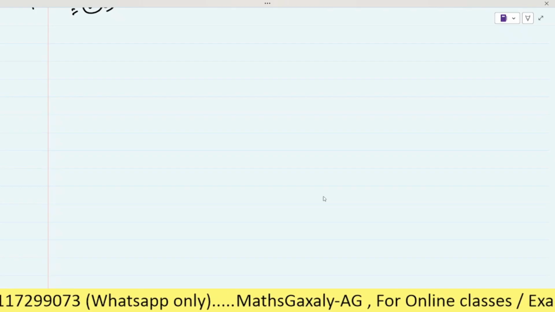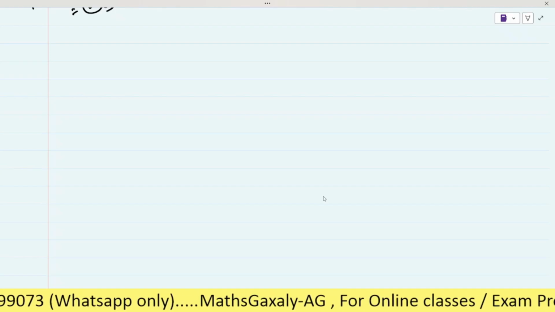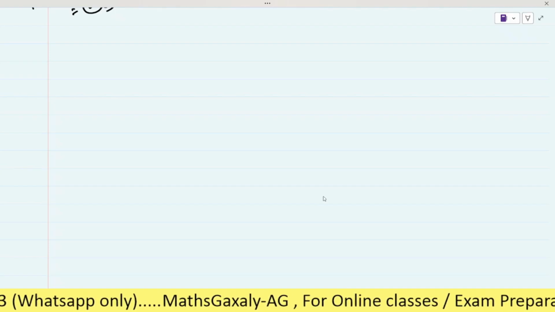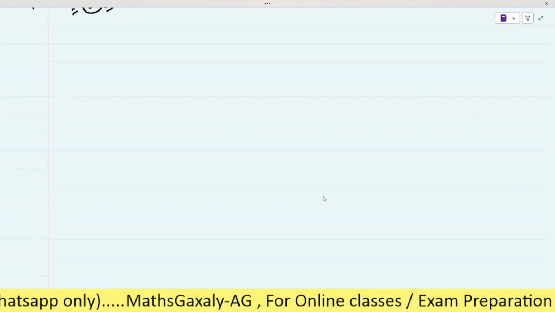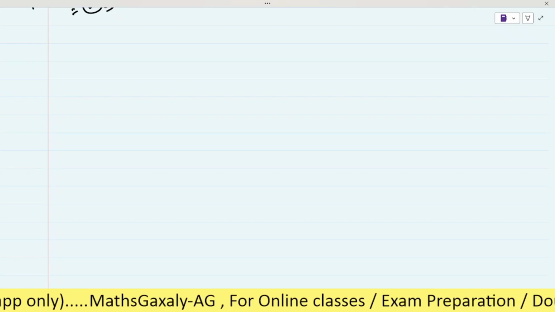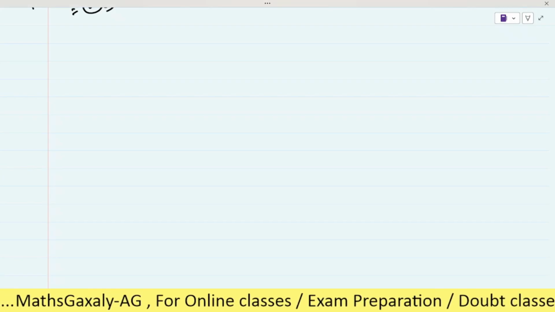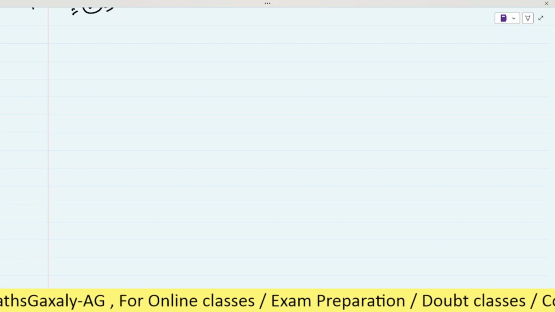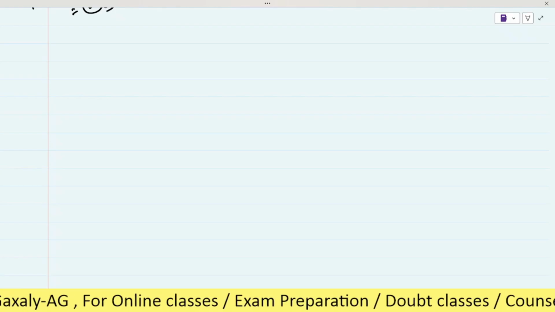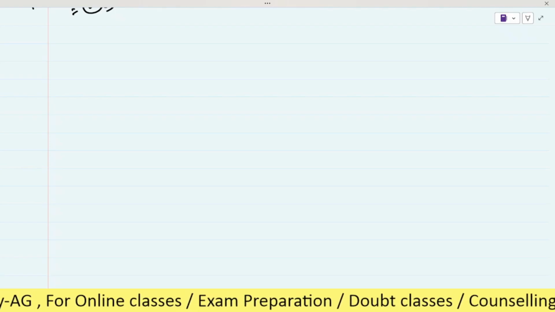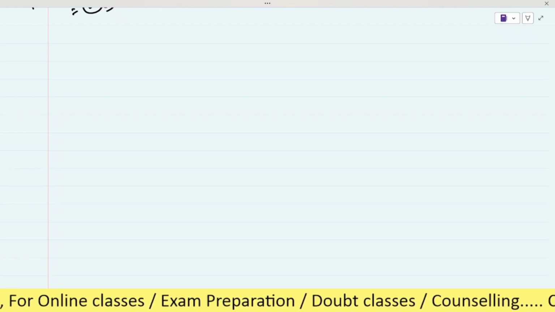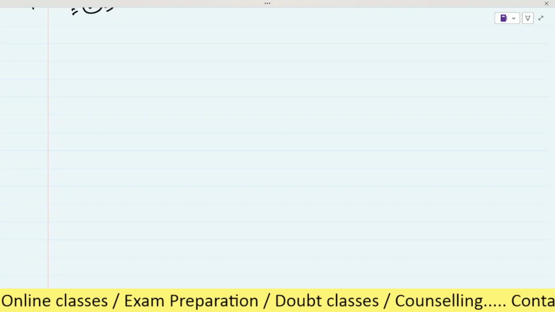The first point says that a ratio does not have any unit, right? So do not write any unit with the ratio. I have already discussed this in the previous class, that the ratio is unitless. The second thing is that for the quantities representing a ratio, multiplying or dividing by a non-zero quantity, the ratio remains unchanged.